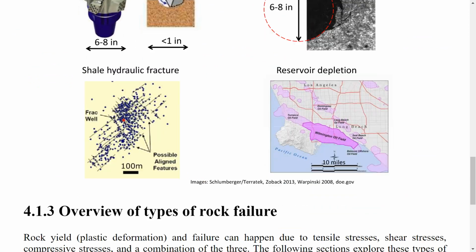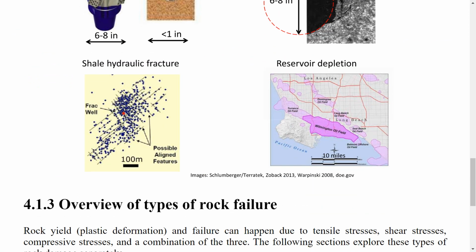You can go a lot bigger when you do a hydraulic fracturing treatment, and here this can be hundreds of feet. This can be even close to a mile. And when you engage such a large process, the properties of the rock are not going to be the same as the ones that we measure in a small sample in the laboratory.